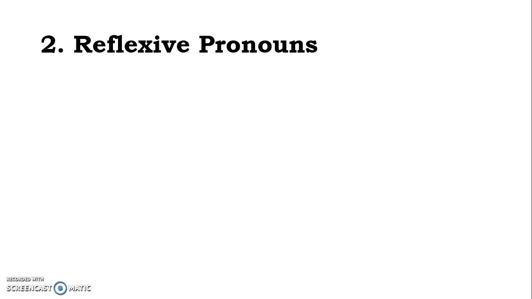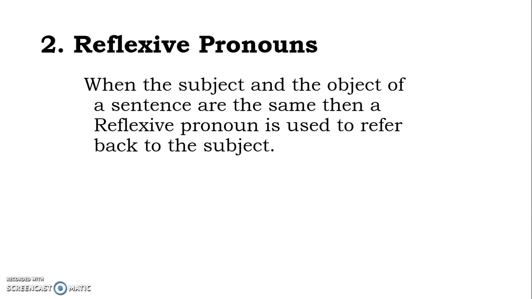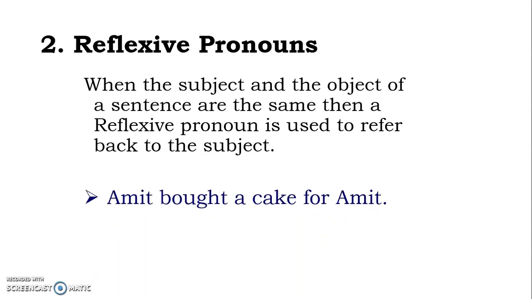So let us see that special type of pronoun, that is reflexive pronouns. What are reflexive pronouns? When the subject and the object of a sentence are the same, then a reflexive pronoun is used to refer back to the subject. Let us take the same example. Amit bought a cake for Amit. Here the subject is also Amit and the object is also Amit.